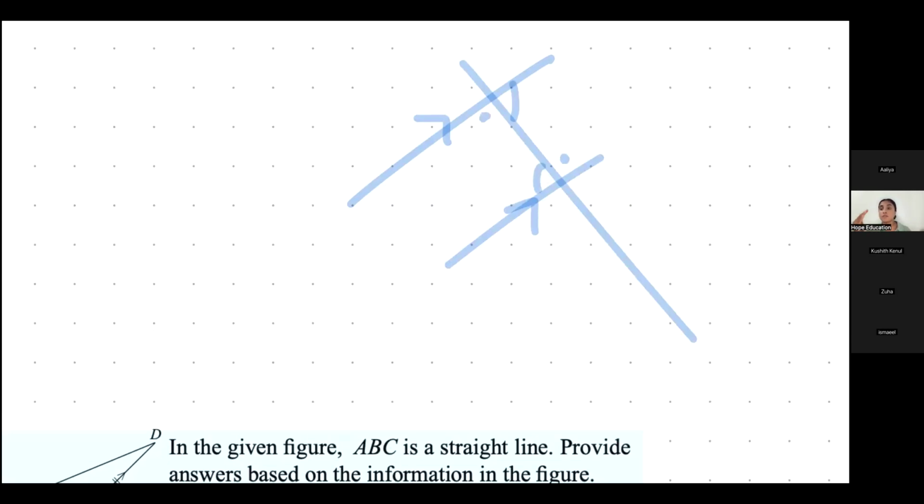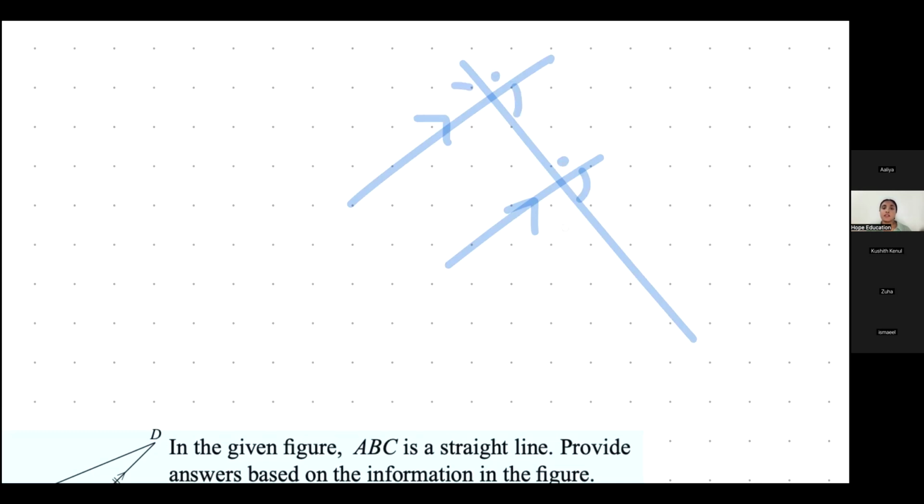Alternate angles between parallel lines are equal. Then this and this are corresponding angles, this and this again corresponding angles, and this and this again corresponding angles. F shape, they're equal.